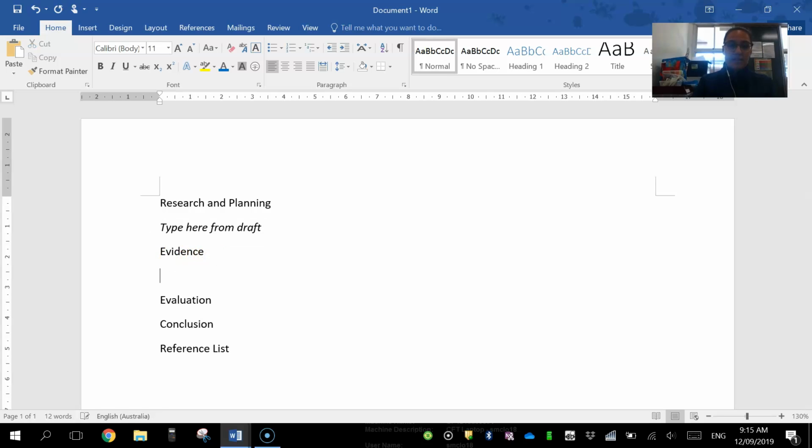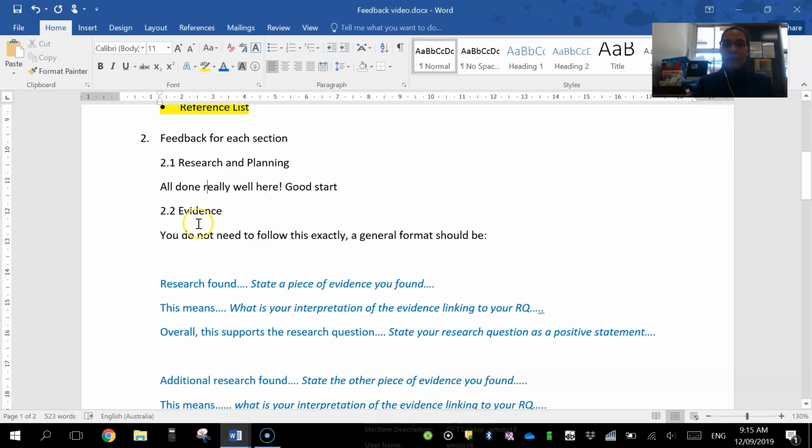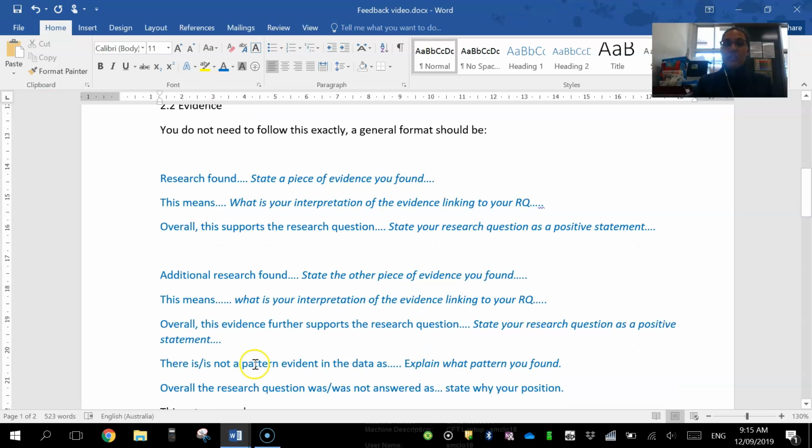Okay, next thing, evidence section. And this is the one that is a little bit different. We don't need to follow this exactly, but your general format should be: state the evidence that you found, so research found. This means, now it's not this means it answered the question, it means what is the interpretation of the evidence.